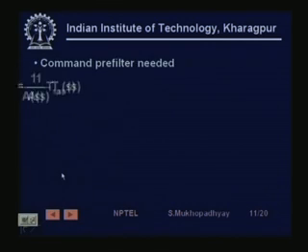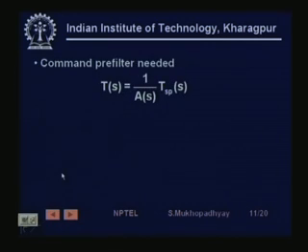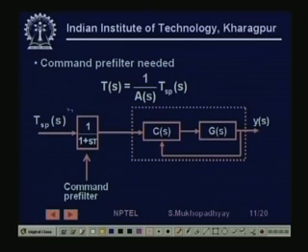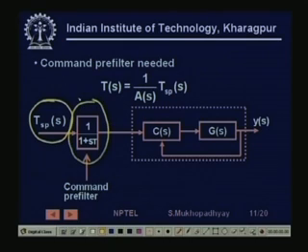So if we have step-like set points, we often put what is known as a command pre-filter, in which we don't allow the operator to give the set point directly to the plant, but we put a filter in front, so that even if he gives a set point, the actual set point which will go to the plant will rise slowly.